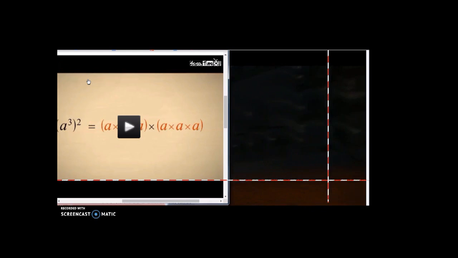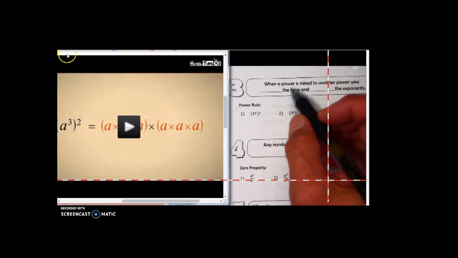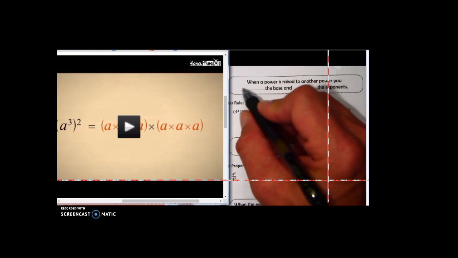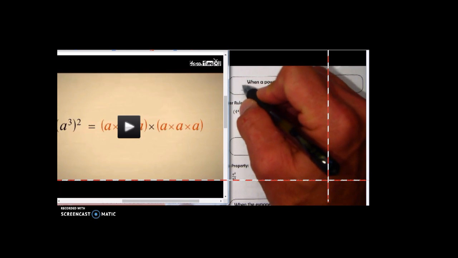Okay, so here we have the third rule. It's the power rule. So basically you have a power raised to a power. So with the power raised to the power, guess what we're going to do with the base? Keep the base, and check this out.